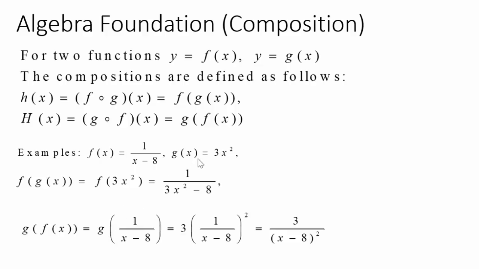So then if you look at the function g of x is 3x squared, so this x will be replaced by the new input 1 over x minus 8. And then we are getting 3 times 1 over x minus 8 squared. After simplification, you get 3 over x minus 8 squared. So these are the compositions, f of g of x and also g of f of x.